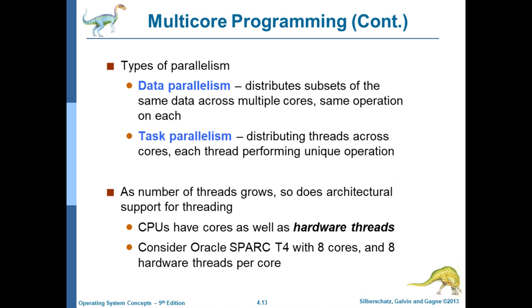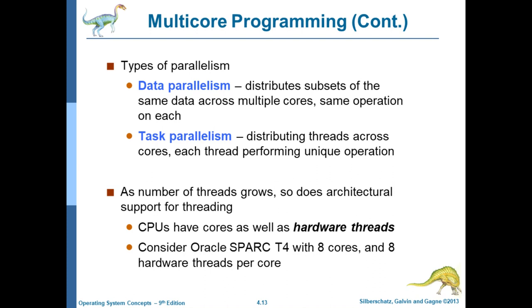In this slide, we will look at two types of parallelism that can be used in multi-core programming, which are data parallelism and task parallelism. Data parallelism is a technique that distributes subsets of the same data across multiple cores and performs the same operation on each subset.